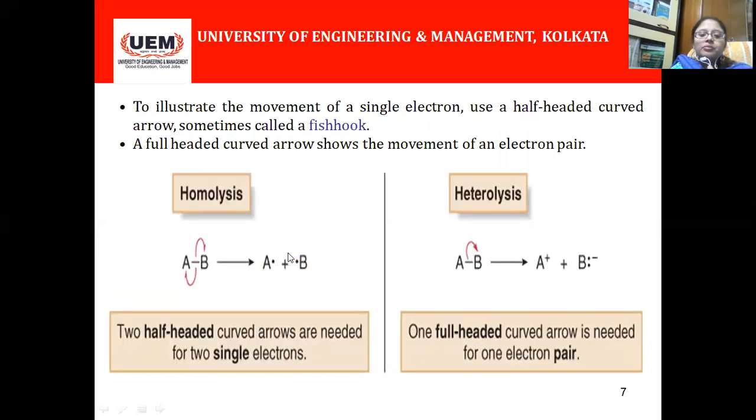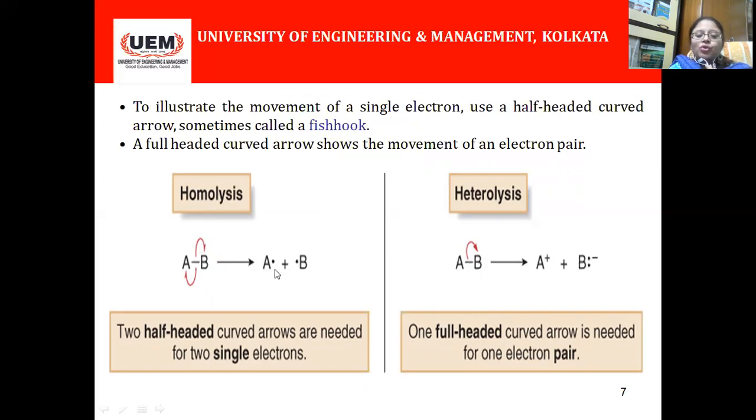Now there is a way to represent homolysis and heterolysis. Homolysis, again I am telling, homo means equal, lysis means breaking. So when an AB molecule undergoes homolysis, A and B get an equal share of electrons, and homolysis must be represented by a half-headed arrow.